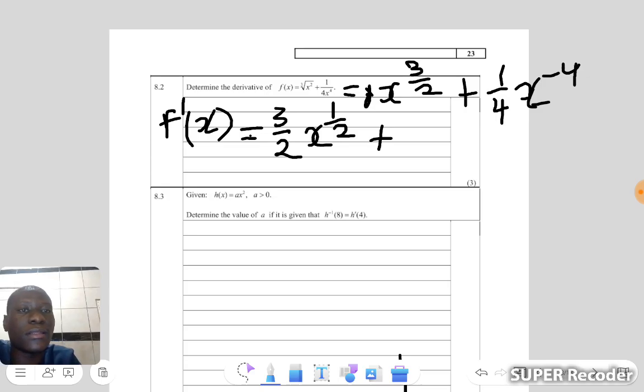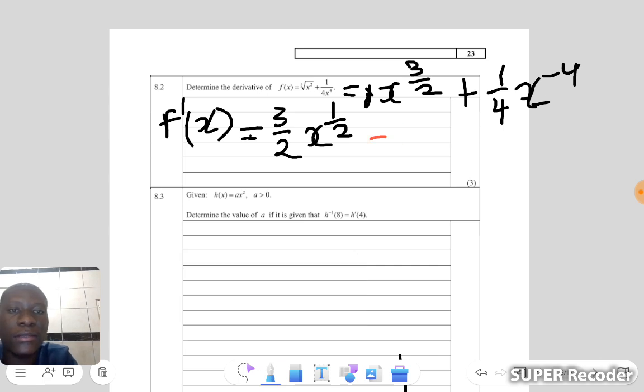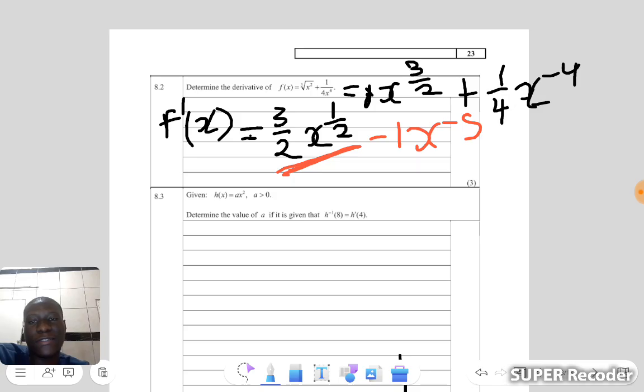Plus, then, here it will change sign because it will be negative 4 times 1 over 4, which is negative 1, right? It will be negative 1 x to the minus 5. From here, you can see that we have done the derivative. If you want, you can simplify here, but even if you don't, you'll get your full marks, right? This is the derivative for this question.